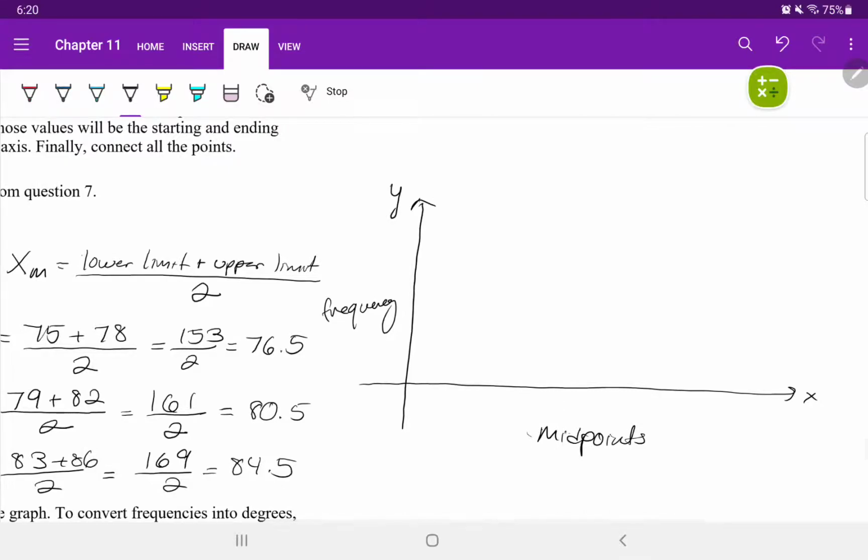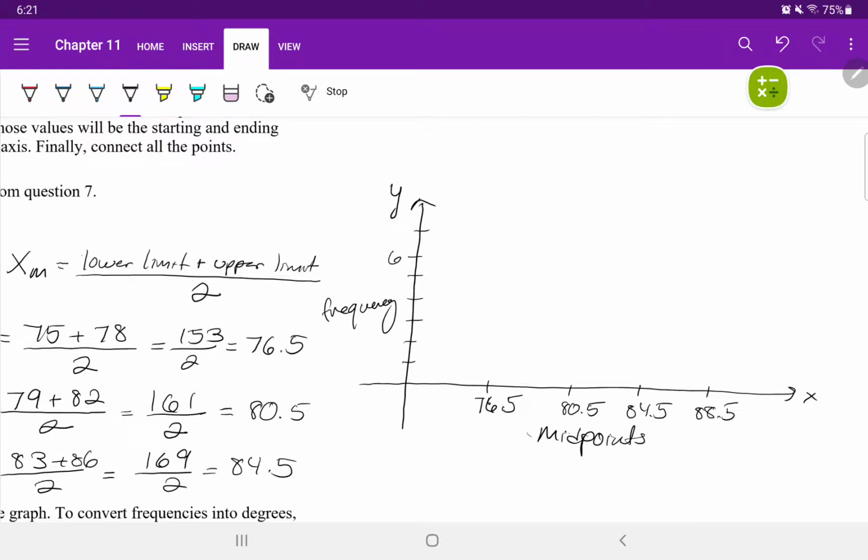So the first midpoint that I have is 76.5, 80.5, 84.5, 88.5. Let me see, we'll put that up to 6. 1, 2, 3, 4, 5, 6.